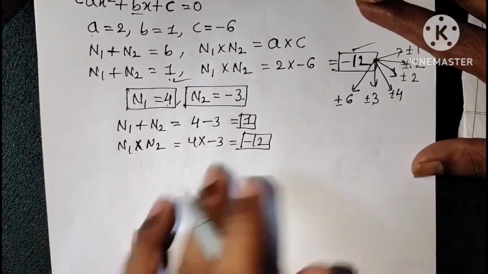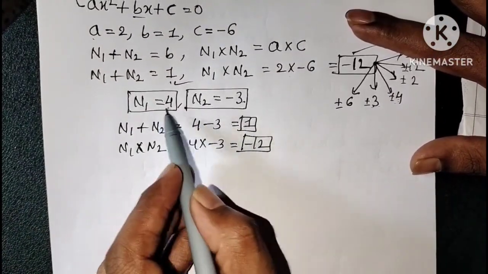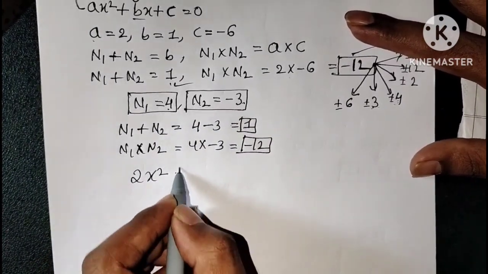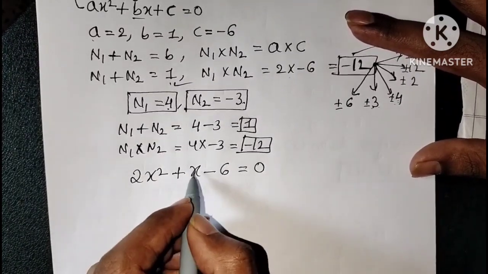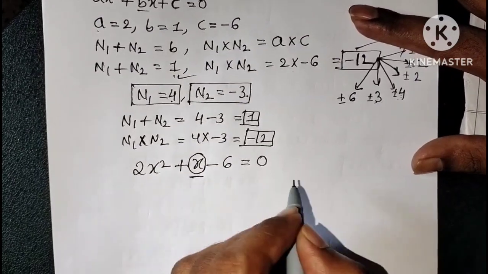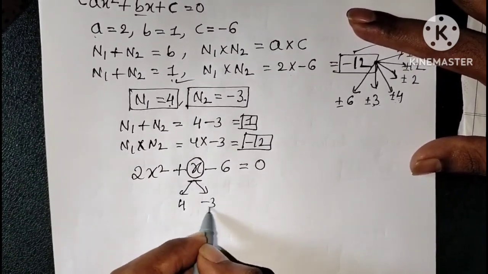So next proceed further. Next step. So next step is we have to split the middle term using n1 and n2. సో ఈ n1 n2 యూజ్ చేసుకొని మిడిల్ టర్మ్ స్ప్లిట్ చేయాలి. First let us write the given quadratic equation. This is the given quadratic equation. Here middle term is x. Okay, so ఈ middle term split చేయాలి using n1 and n2. Here my n1 is 4, n2 is minus 3.